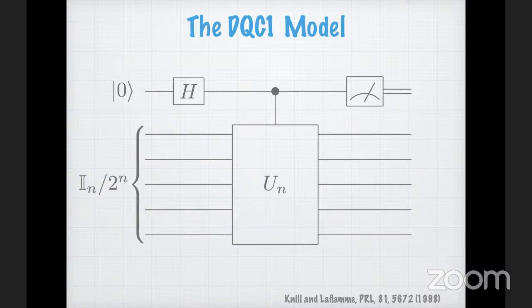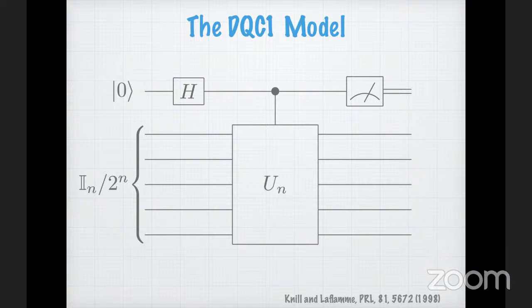It's a unitary acting on n qubits, and therefore the size of the unitary is of the order of 2 to the n. So if you want to just find the trace by adding together the diagonal elements, you have to add 2 to the n elements. Therefore, that approach of finding the trace grows exponentially with n, and therefore it's not a classically efficiently solvable problem.